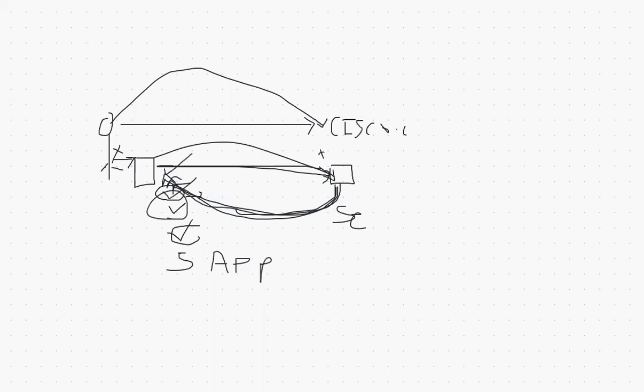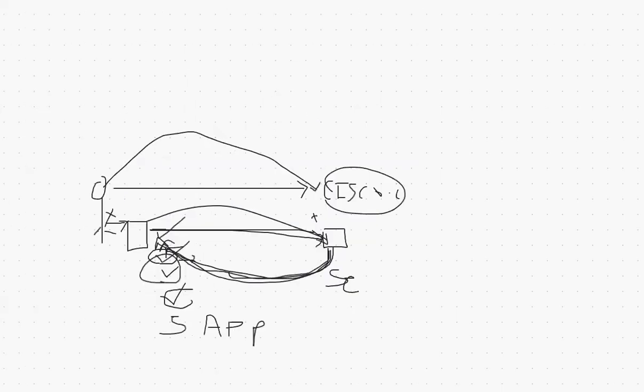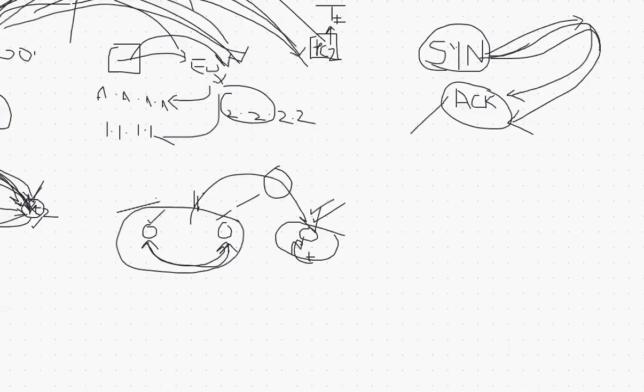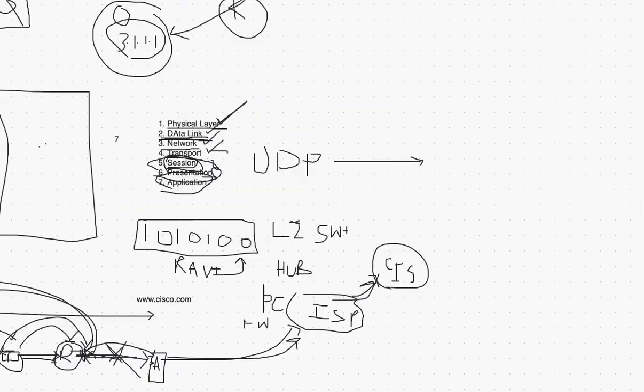So before cisco.com presenting you the data, the application can be validated by something called a firewall, which sits at the transport layer itself. So it's very confusing, but because people moved this firewall to the application layer, previously firewalls used to sit at the transport layer and identify.